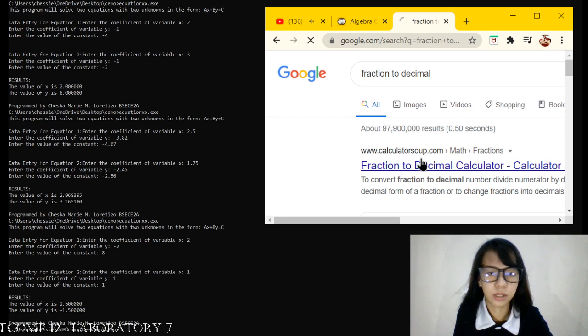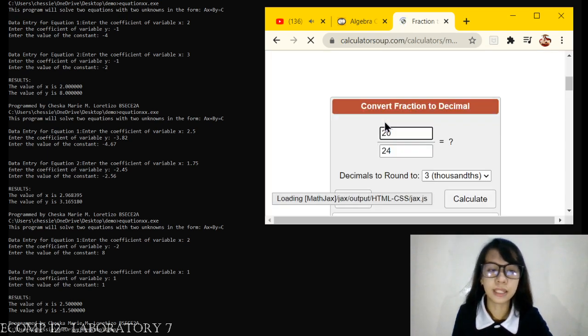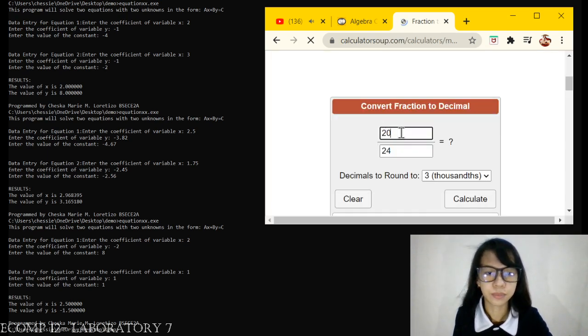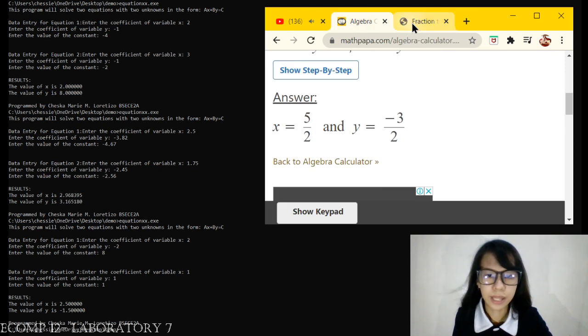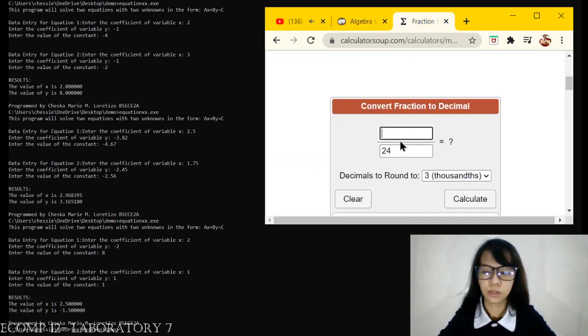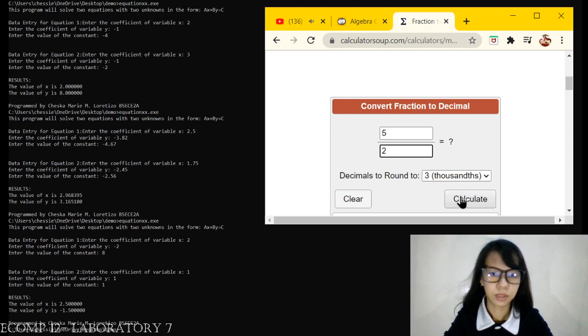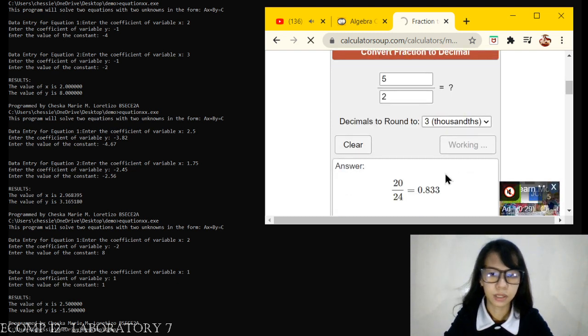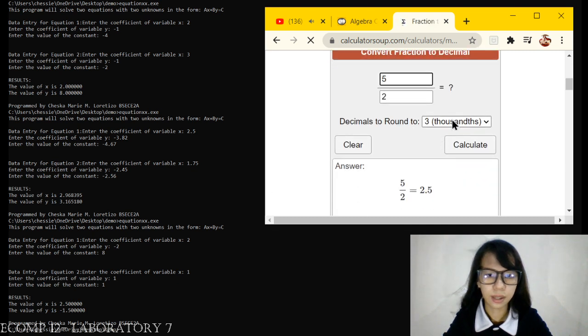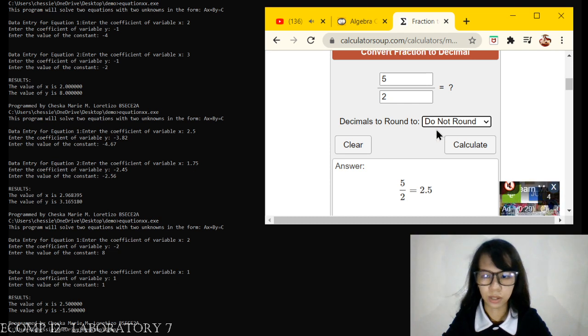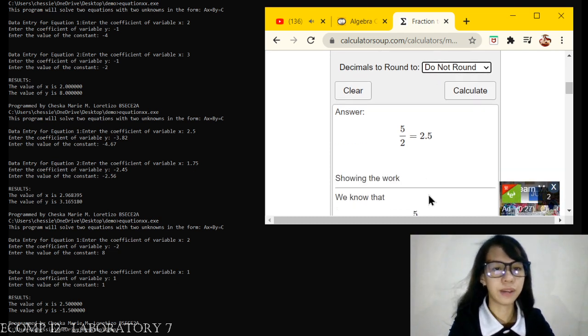Go to the calculator. So you can see, guys, in algebra, x equals 5 halves. 5 divided by 2, calculate. It's 2.5.